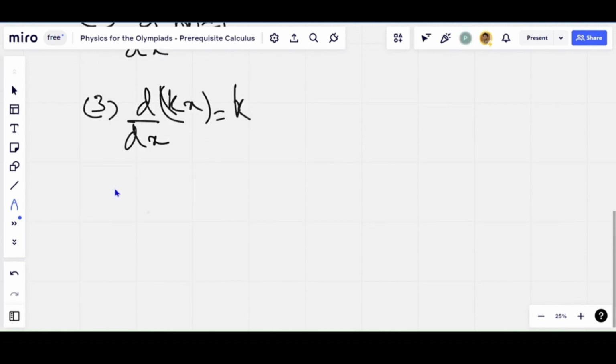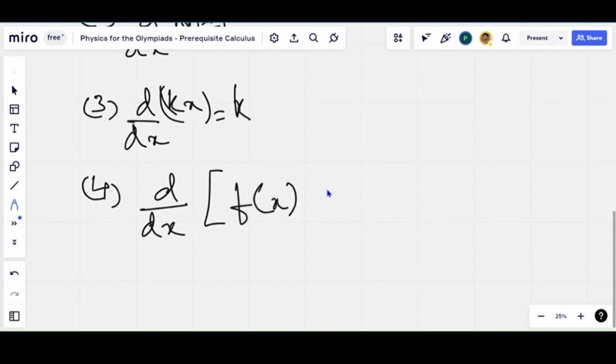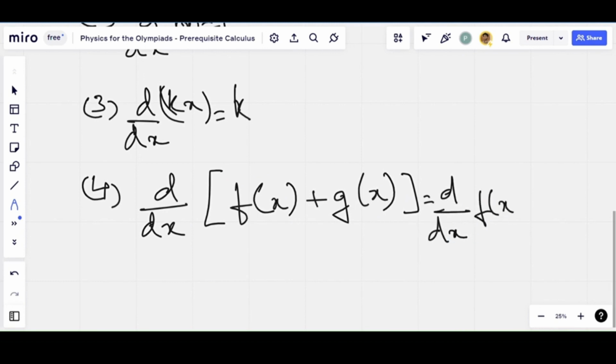Next, we come to the addition formula, which is d by dx of f of x, which is one function, plus g of x, which is another function, is d by dx of the function f of x plus d by dx of g of x.